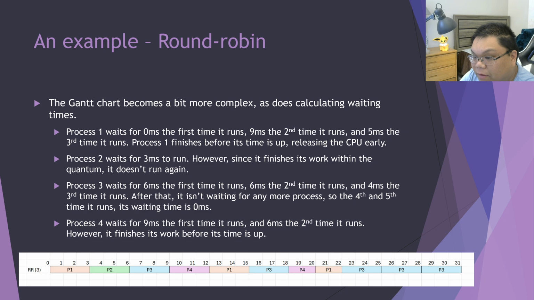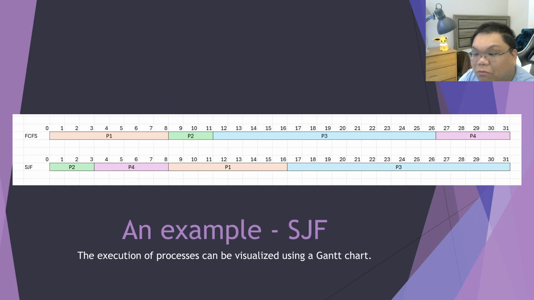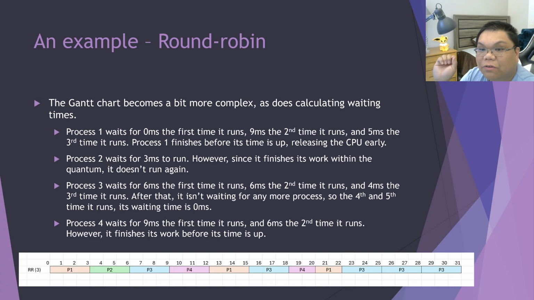It runs for 3 milliseconds, but oh wait, didn't we establish that process 2 runs for 3 milliseconds? Well, once that's done, process 2 will not run again because it's done running. So, process 2 will run for its entire quantum, and then it's not going to run again. So it doesn't get placed back in the queue anymore. It's done. The process terminates.